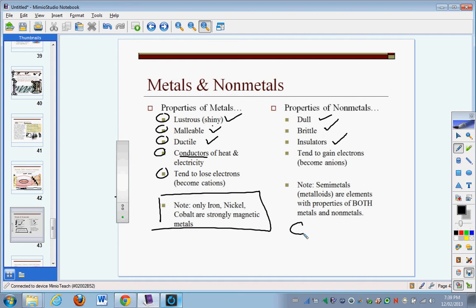So carbon, although it's shiny, is also brittle. Carbon can be used as an electrode in a battery because it conducts electricity. So it's actually a pretty good conductor of electricity. So carbon, in the form of graphite at least, has properties of both metals and nonmetals, making it a metalloid or a semi-metal. Silicon is another really good example of that in a similar way to carbon.